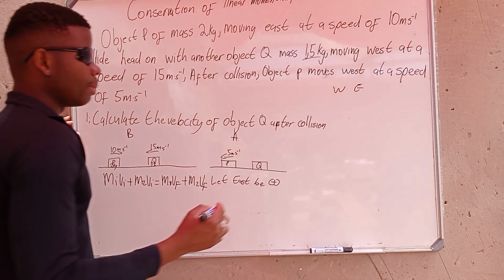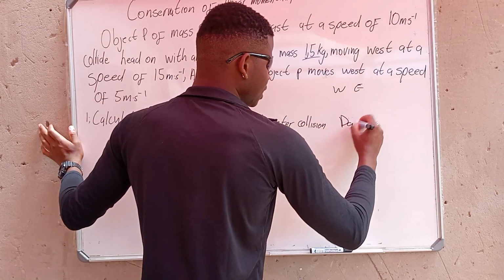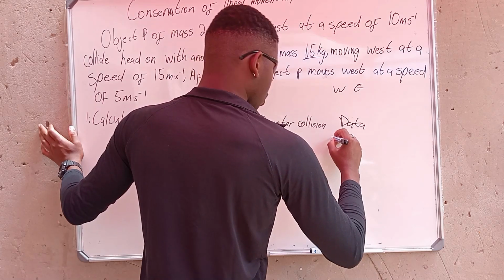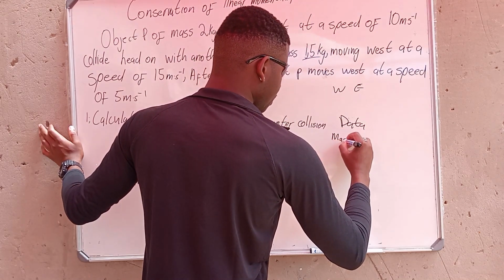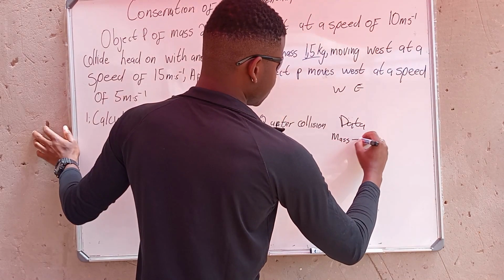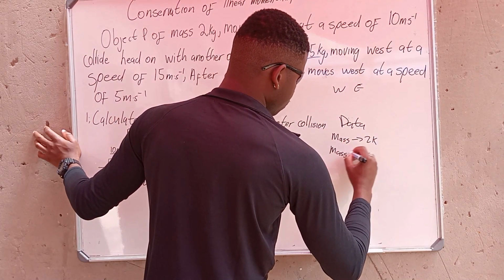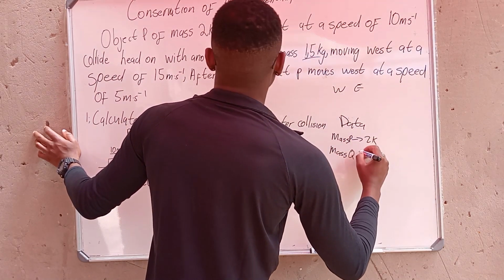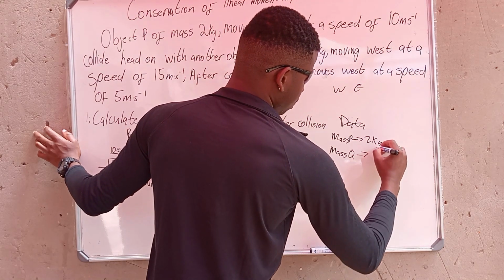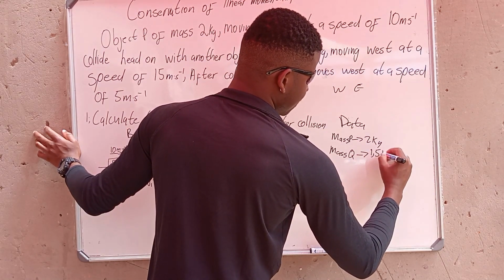But before we can do that, let's extract the data first. The mass of P is 2 kg, and the mass of Q is 1,5 kg.